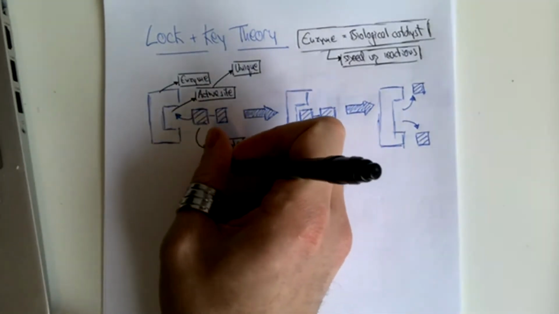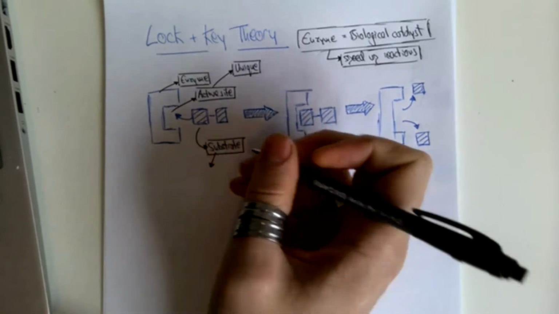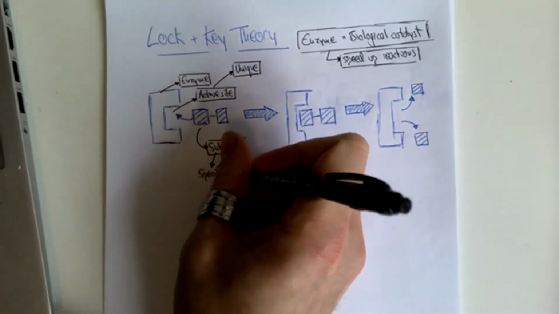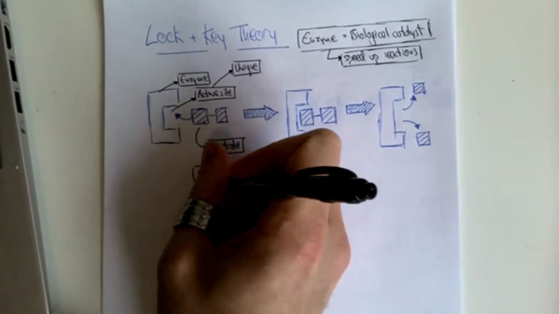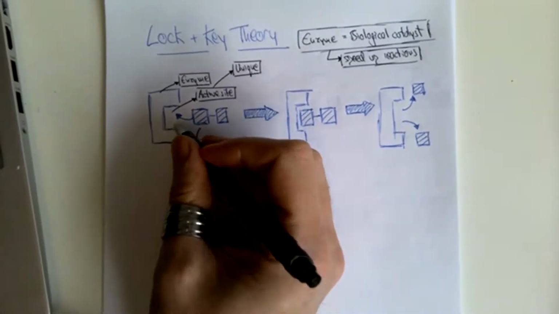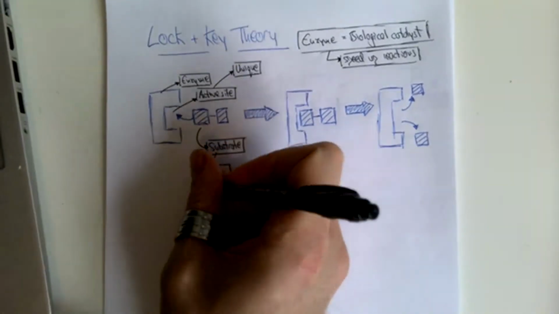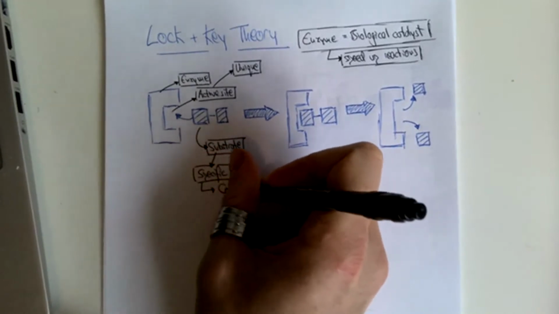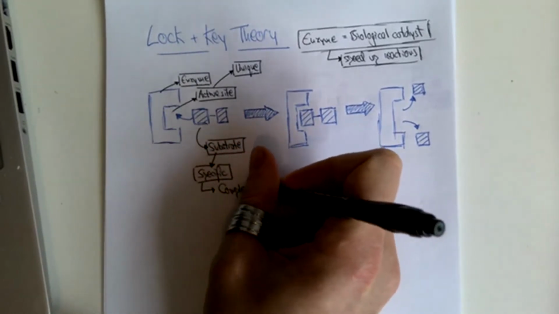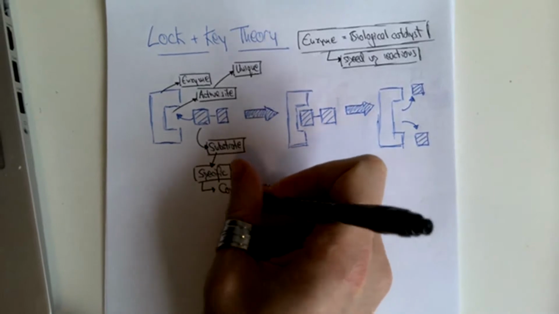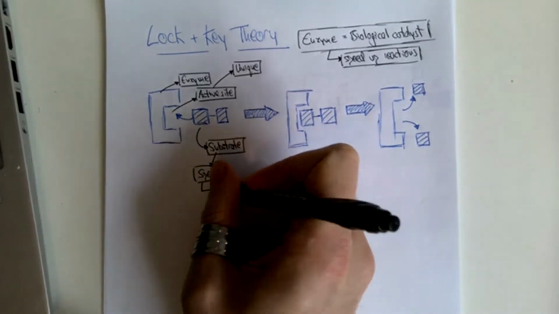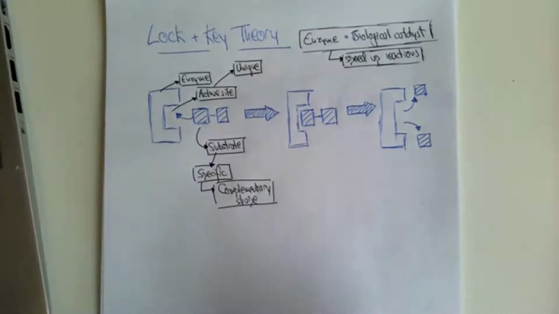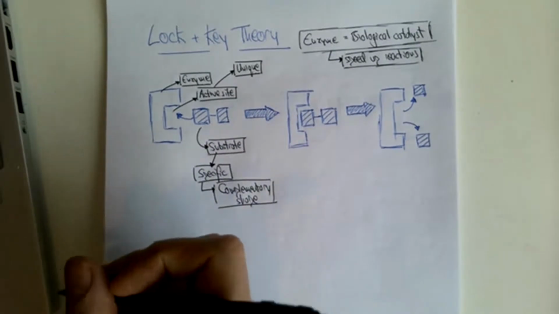So they are a complementary shape, which means they fit really easily into the active site. So a bit like a lock and a key, okay?